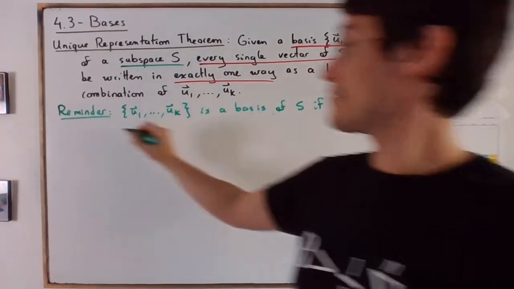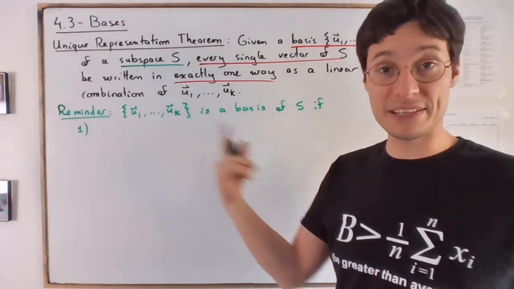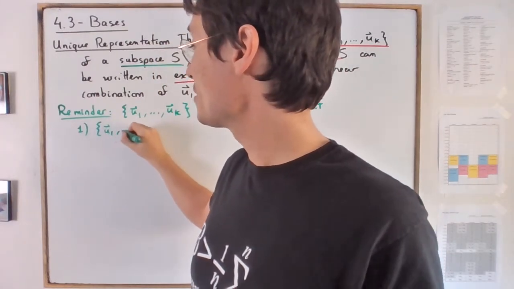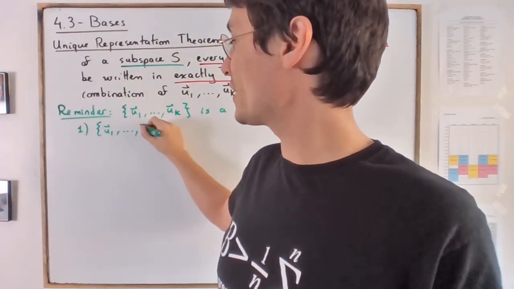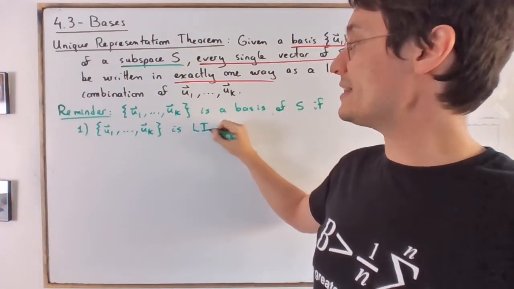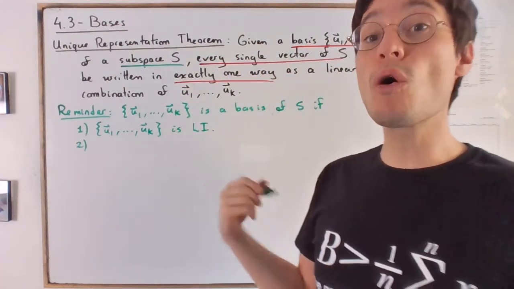if it satisfies two conditions. Remember that the first condition is that the set U1 to UK is linearly independent. And number two, it spans the whole subspace.